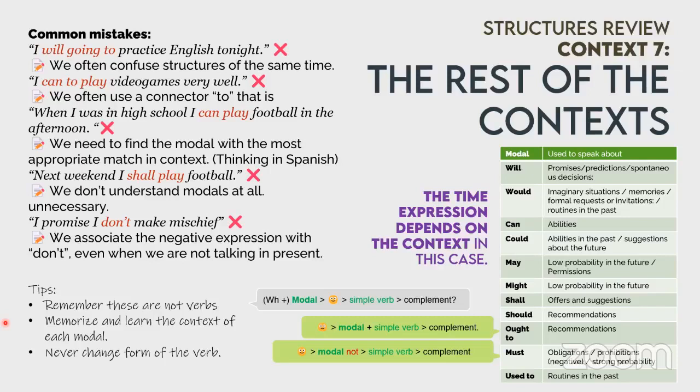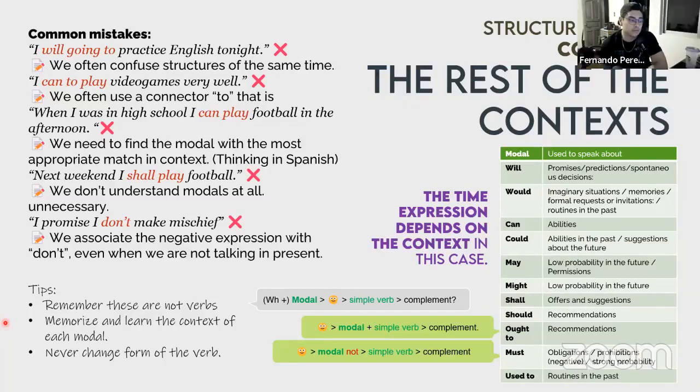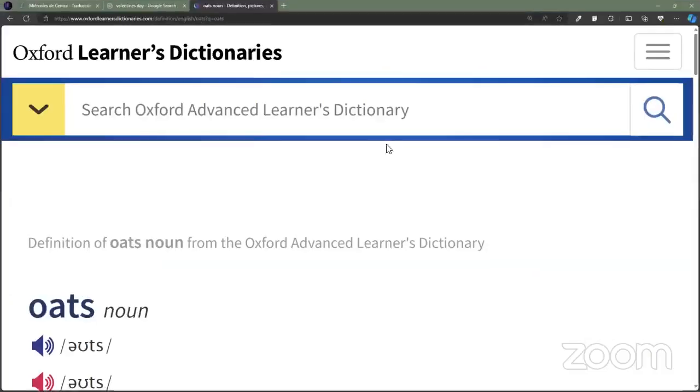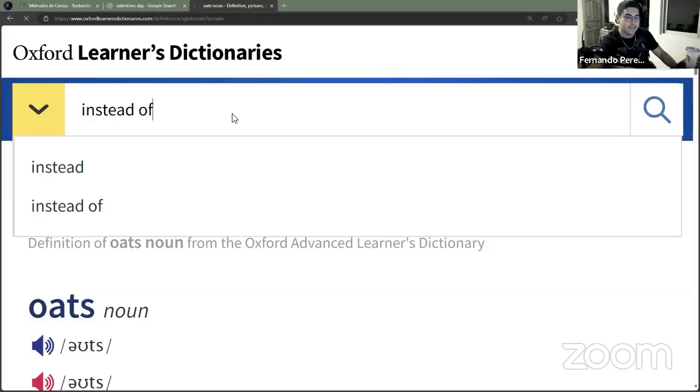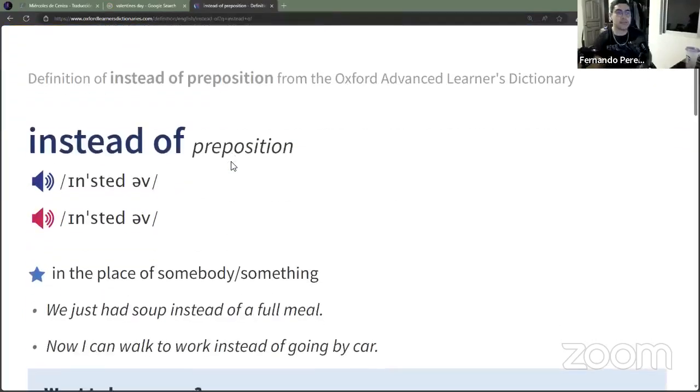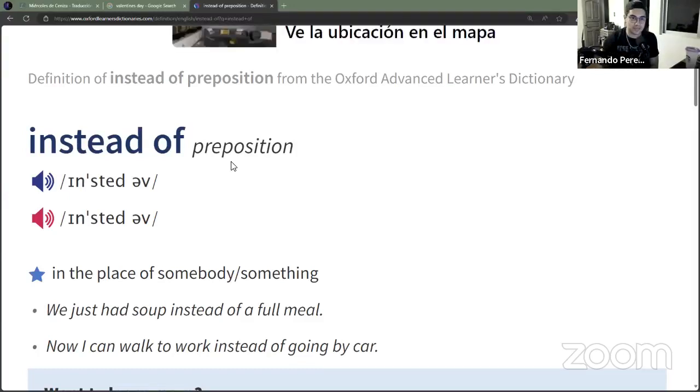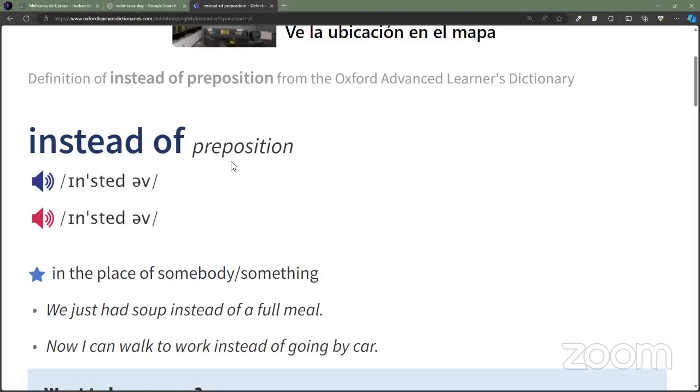I saw that sometimes they use had instead of eat. Ah, okay. That's important because when you talk about lunch, breakfast, and dinner, you don't eat. You eat a sandwich, but you have breakfast.